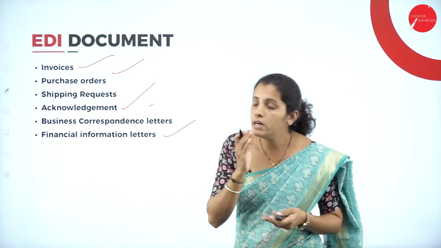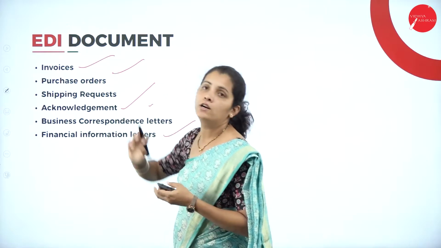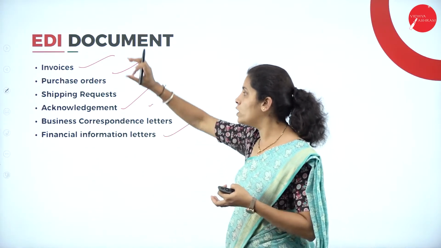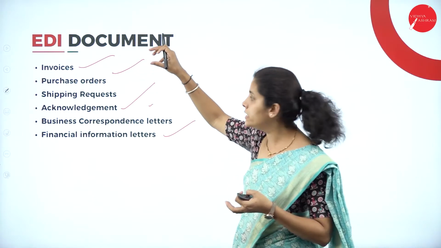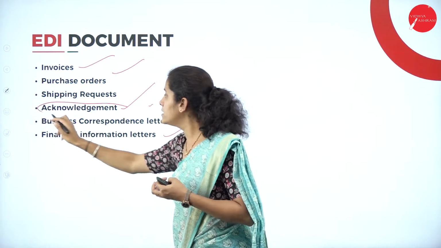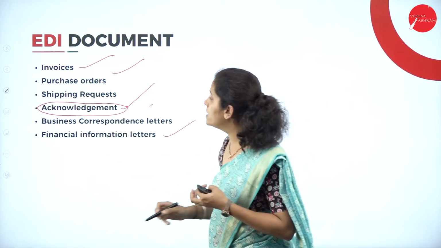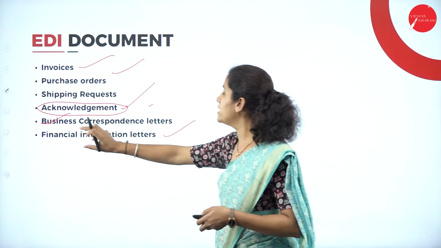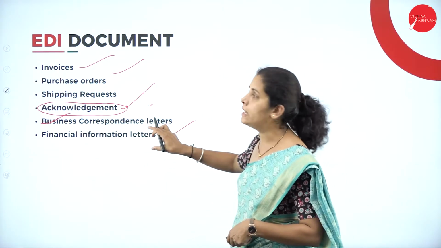An EDI document includes points like invoice number, purchase order details, shipping request details, acknowledgement regarding the product, business correspondence letters, as well as financial information letters.